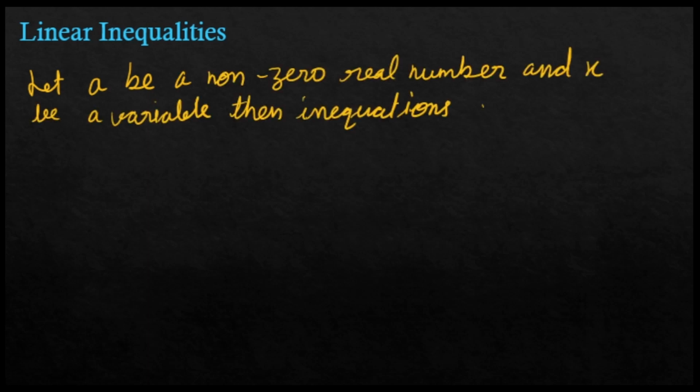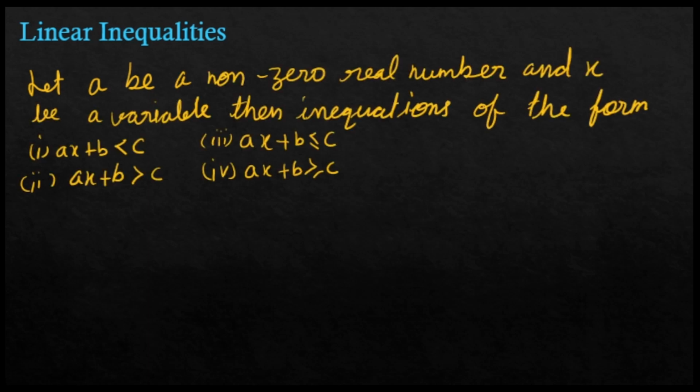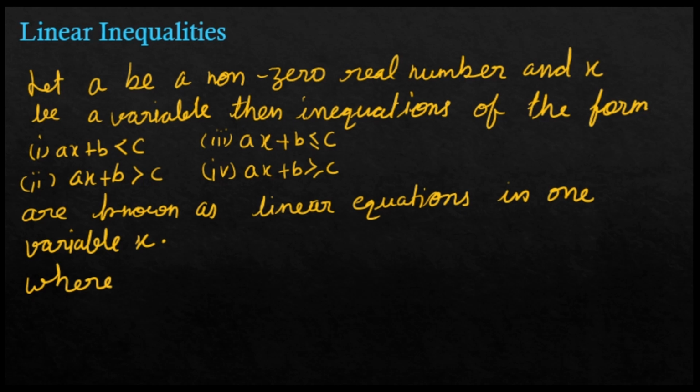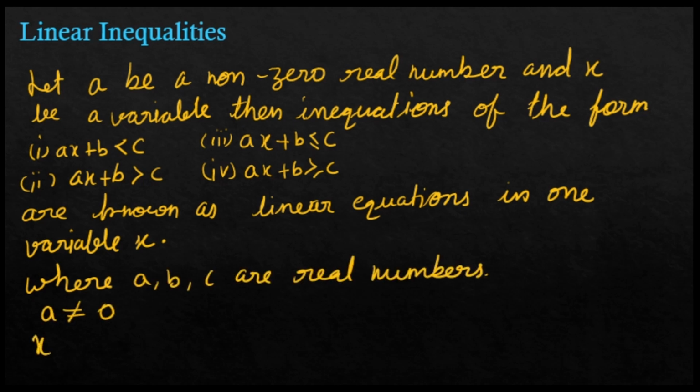So the definition of linear inequalities is: let a be a non-zero real number and x be a variable. Then inequations of the form are known as linear inequations in one variable x, where a, b, c are real numbers, a cannot be equal to 0, and x is a variable.